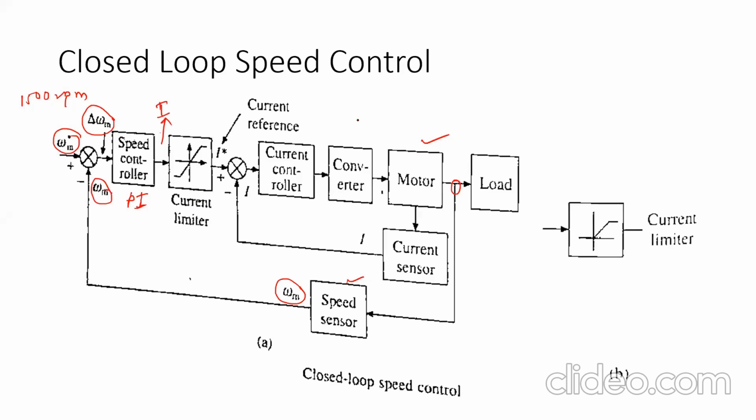That means we have to accelerate the machine. In order to accelerate the machine, the current flowing through the motor has to increase. So the speed controller will set the current required to increase the speed.